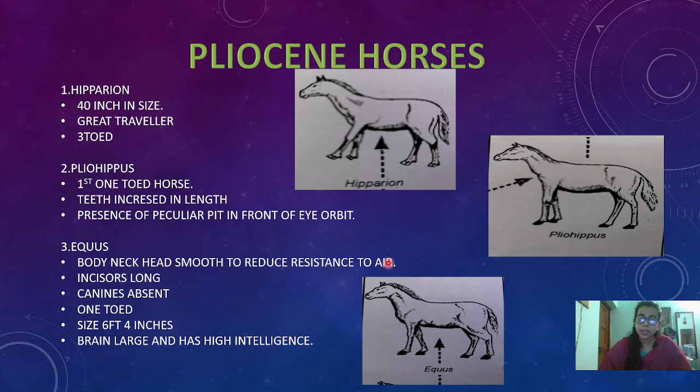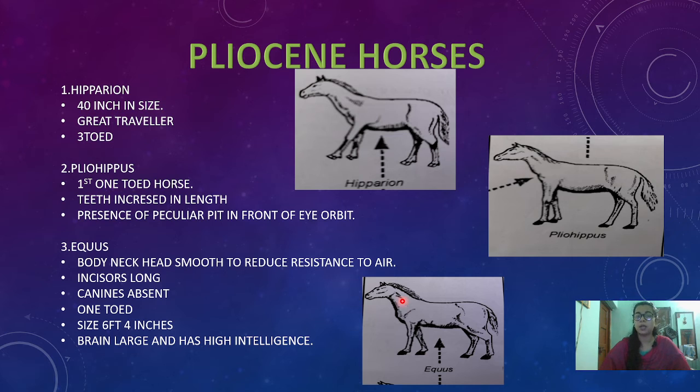Then finally you can see this is Equus, which is the modern horse. By the time they reach Equus, the body, neck and head became smooth to reduce the resistance to air. So the back became very smooth, so that when they run fast there is no resistance to air. Their incisors also became long.